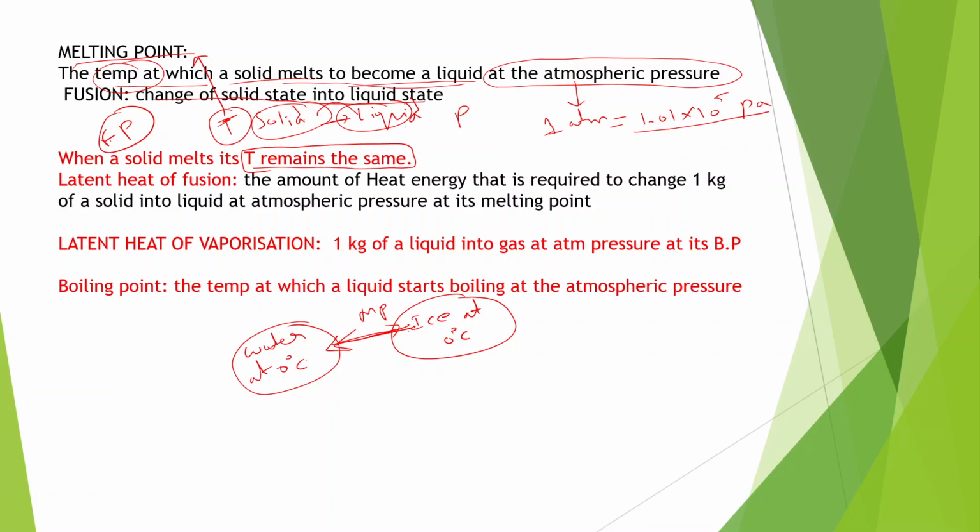Okay, so here, if ice is changed to water, some amount of energy is required. This amount of heat energy is required to change 1 kg of a solid, you can say 1 kg of ice, into liquid, this water.